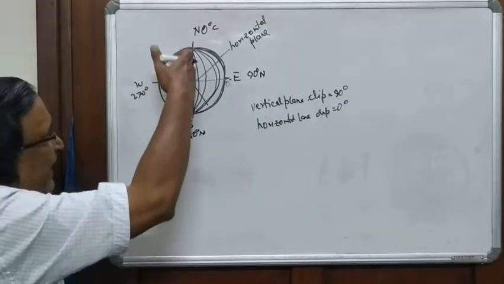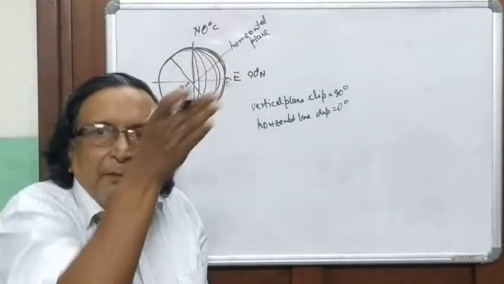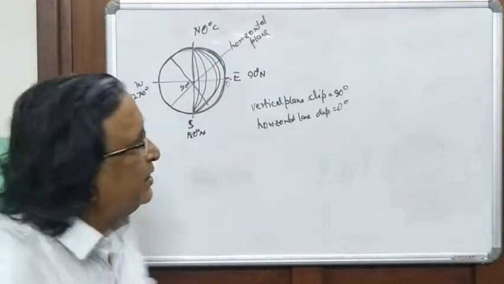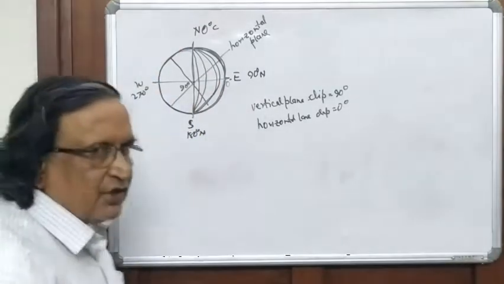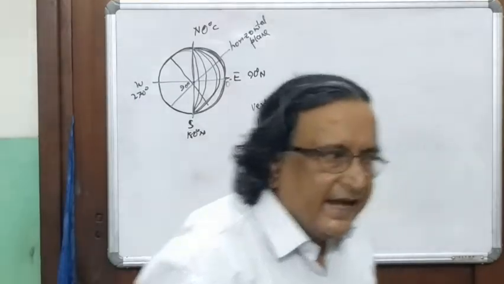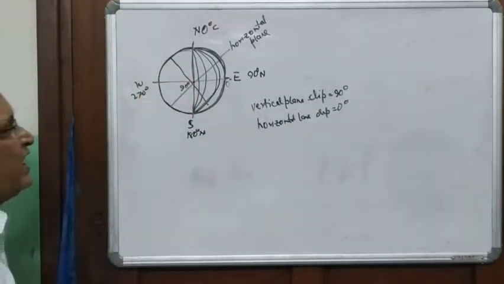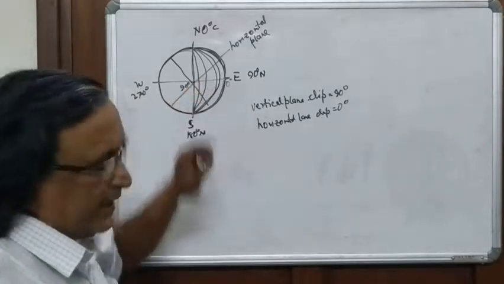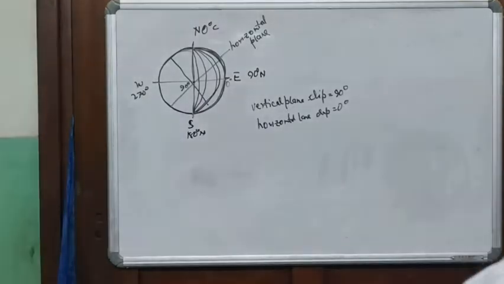So all planes that go as straight lines are projections of vertical planes, like I showed in the last one. And the horizontal plane is the circumference of the circle. Any inclined plane at any orientation is called a great circle. These are all inclined planes. That's the first few things you should remember.